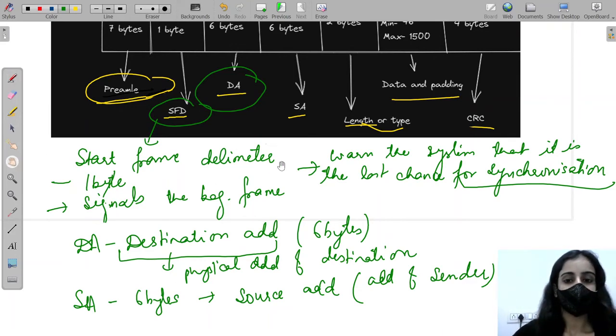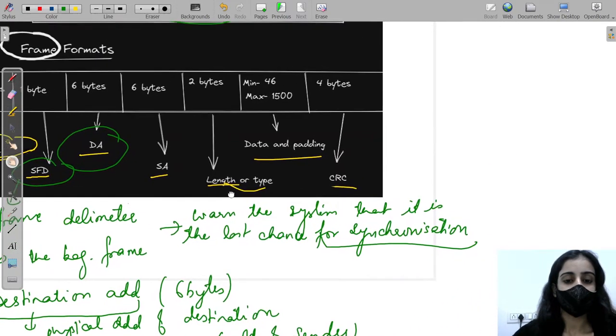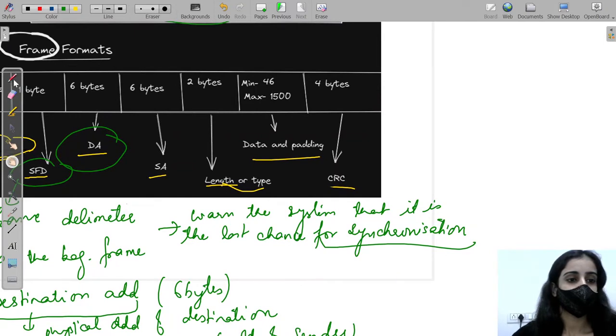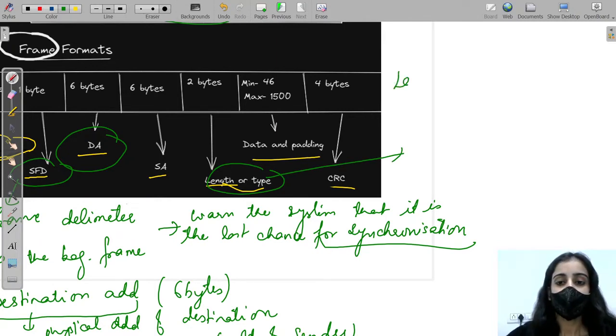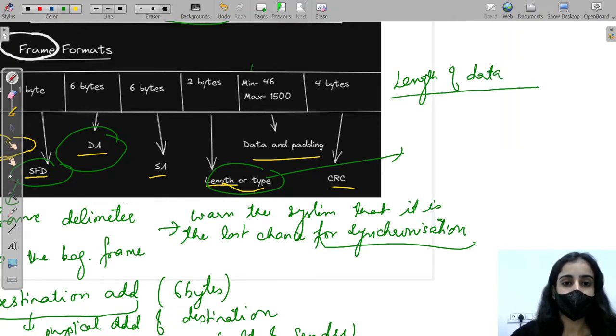Then the next field is length or type. It basically defines the length of the data field, which is this field. Now next is data and padding.